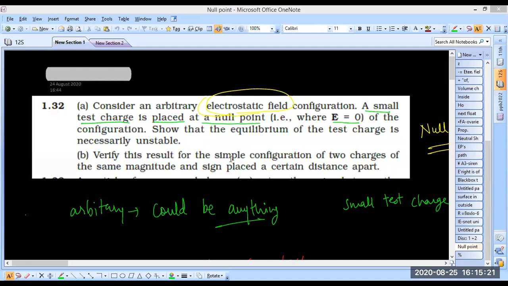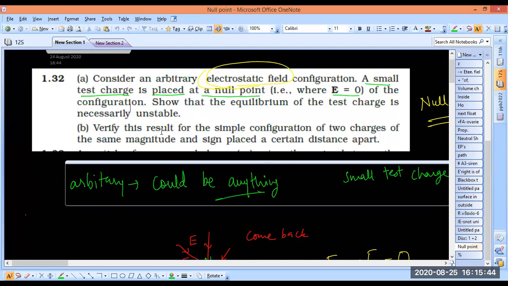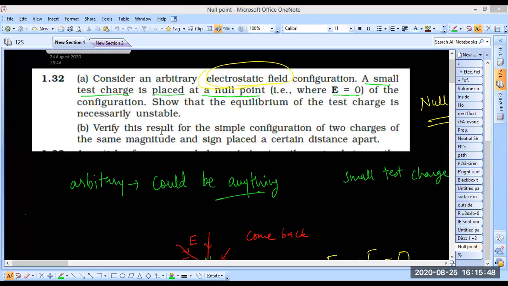For the electric fields that we are studying here in this chapter, at the null point there will be unstable equilibrium. That's what I'm saying, and that's what we have proven in this A part, right? Always, yes, null points are going to be unstable equilibrium for electric field.